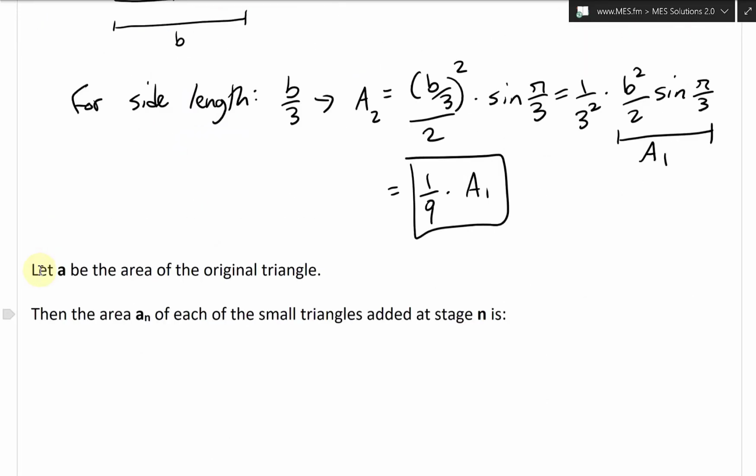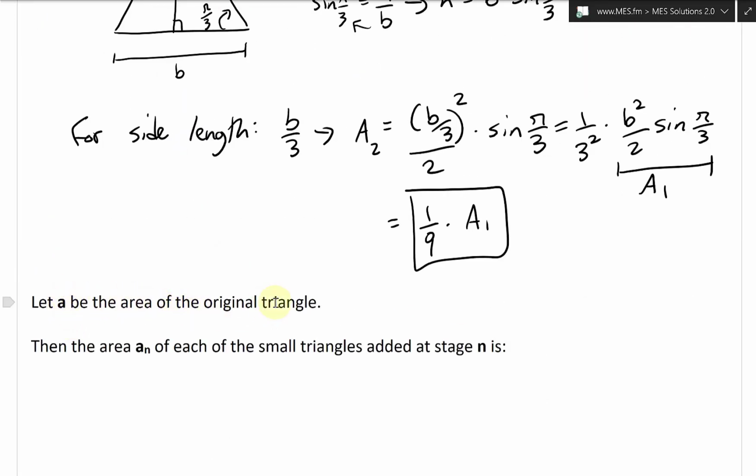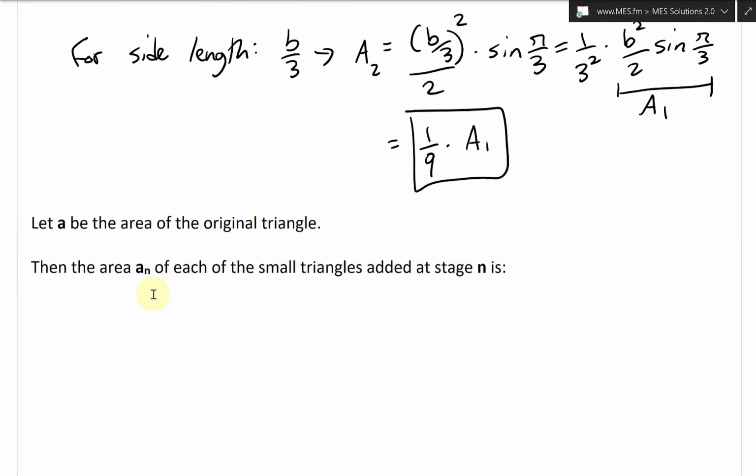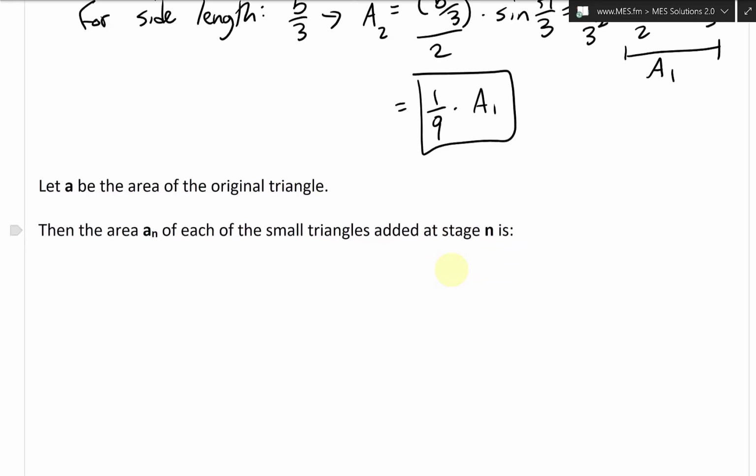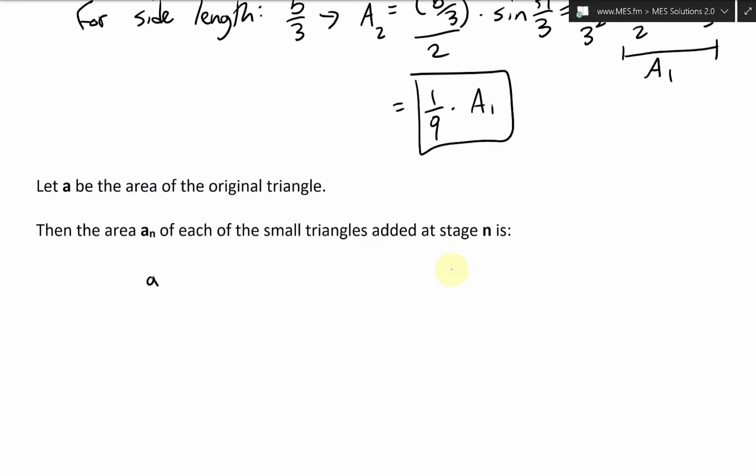Alright, so let A be the area of the original triangle. Then the area An of each of the small triangles added at stage n is, let's write it down: the 0th one is A, the area. Then A1 is equal to A times 1 over 9.